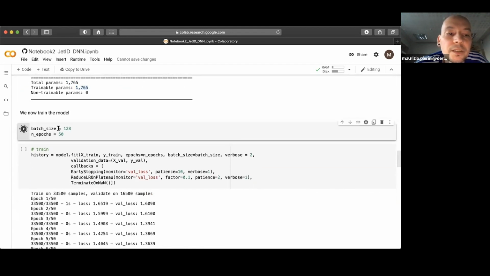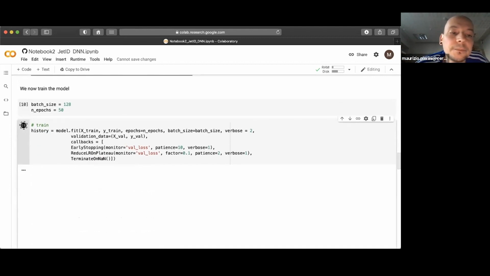Then I define a batch size of 128, which means that all my 33,000 whatever input data sets will be split in blocks of 128, and then the parallelization will be such that the computation of the gradients will happen on blocks of 128 at the same time on the GPU.